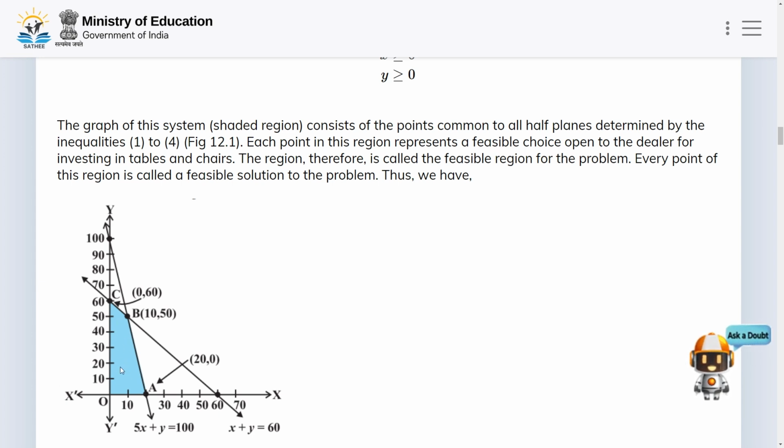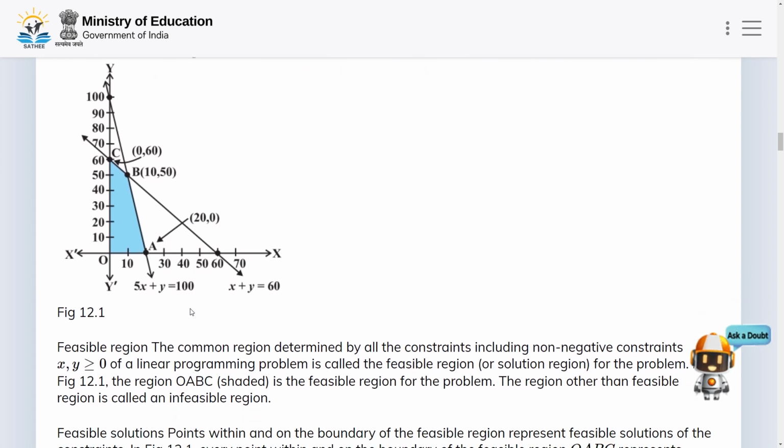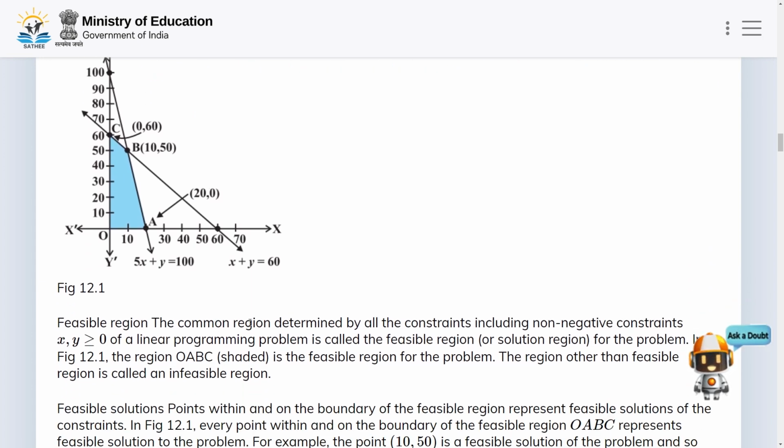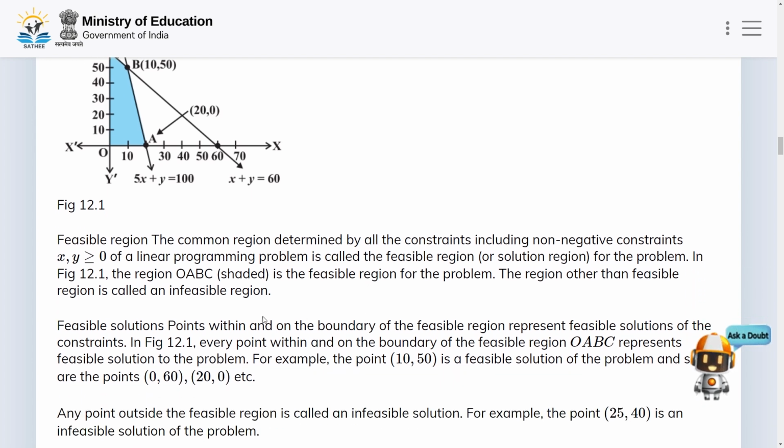We will call this the feasible region, and the points contained in this blue area we will call feasible solutions. So the feasible region is the common region determined by all the constraints, including non-negative constraints, as we just saw. Clear? I hope that it is clear.